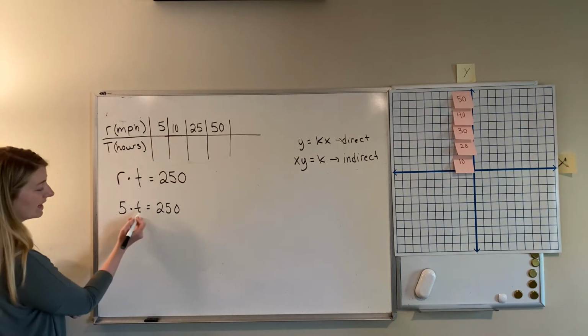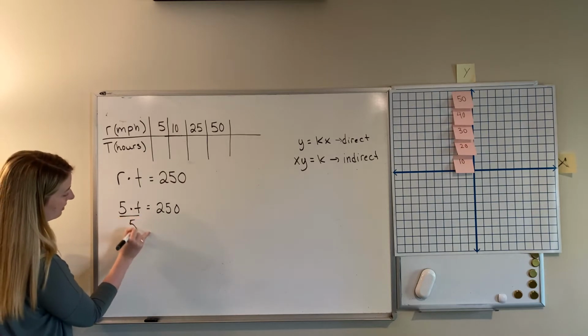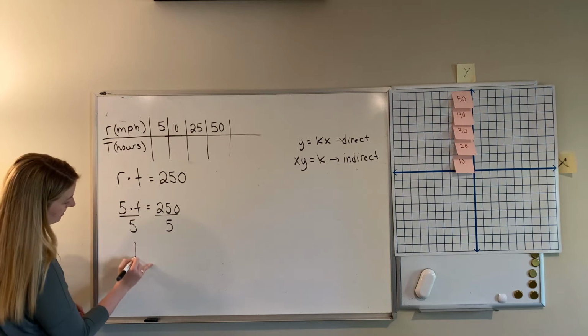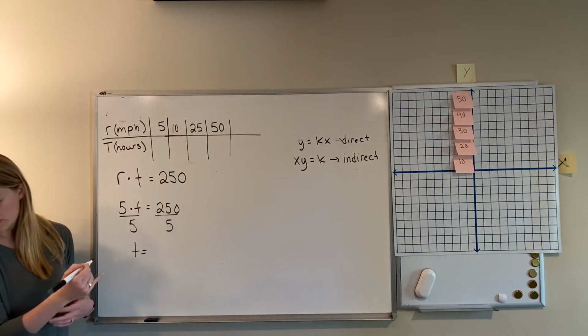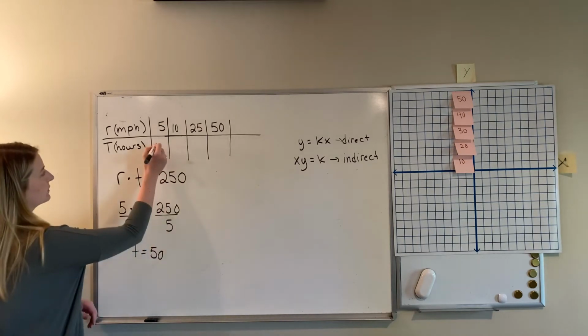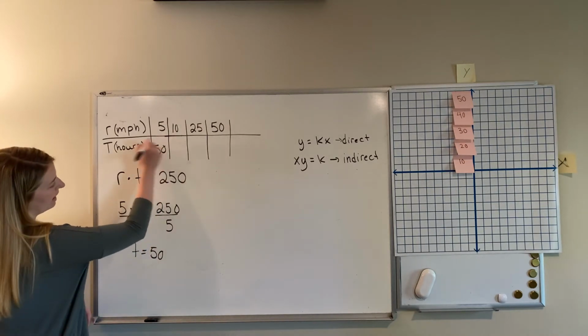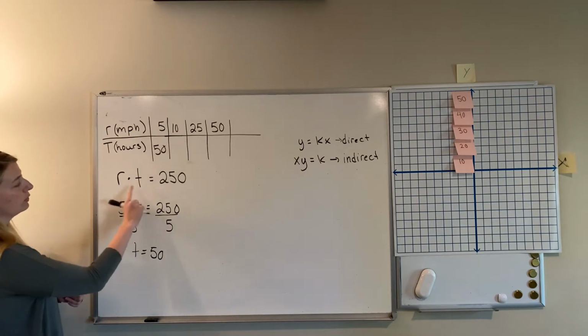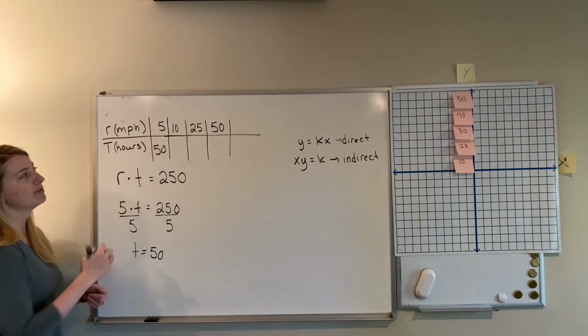How long is it going to take? Get t by itself, so divide out your 5. t equals what? t equals 45. It is going to take us 45 hours to travel the same distance if we are only going at a rate of 5 miles per hour.